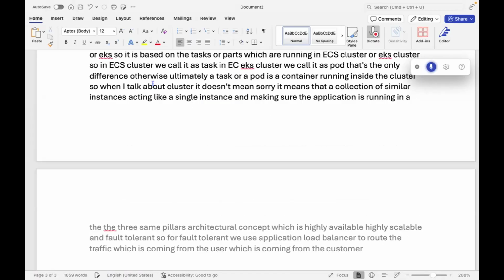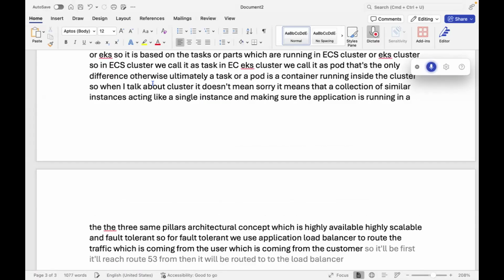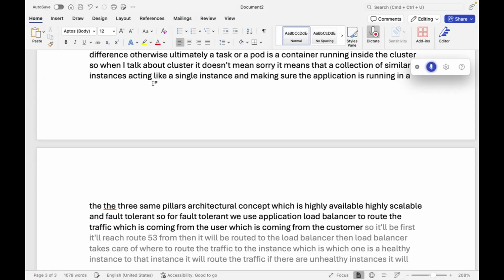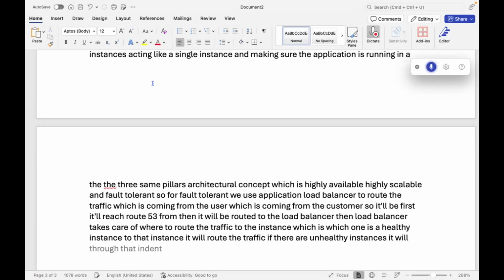It first reaches Route 53, then is routed to the load balancer. The load balancer takes care of routing the traffic to a healthy instance. If there are unhealthy instances, it will throw that instance away and create a new instance based on the desired number of instances in the auto-scaling group.